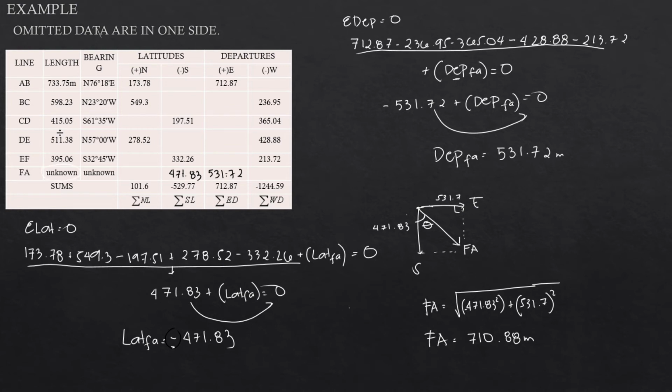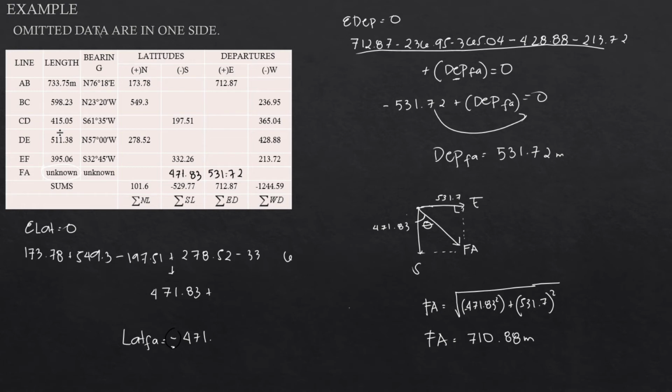Okay. Then, yung departure, yung bearing naman. Okay, so, tanggalin natin to. Okay. Bearing natin, ito. So, given naman na tong side na yan. So, makukuha na natin. So, meron tayong tangent theta is equal to opposite over adjacent.